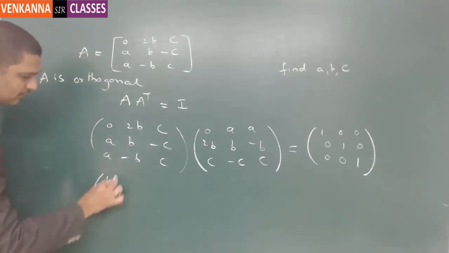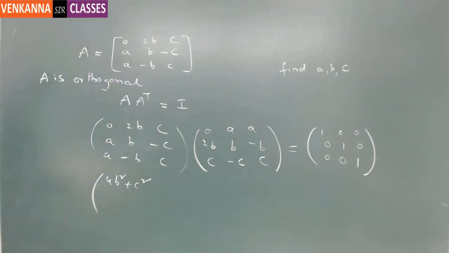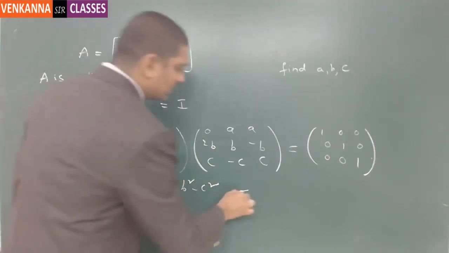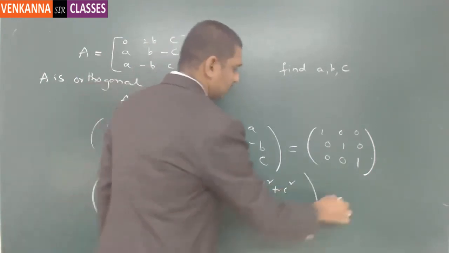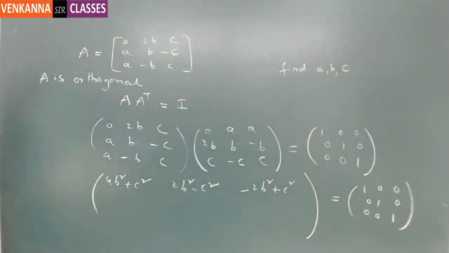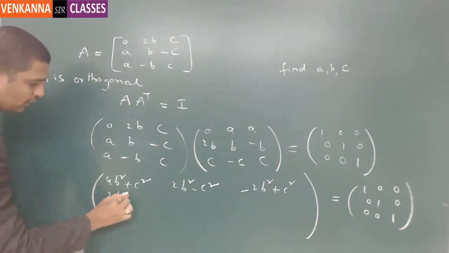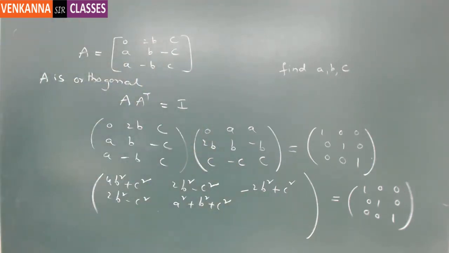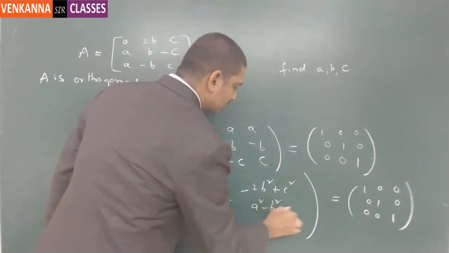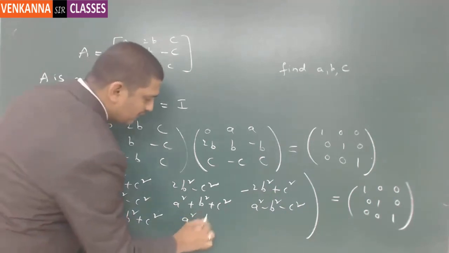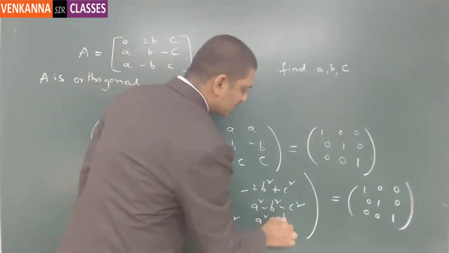So this will be 4b square plus c square, then 2b square minus c square, then minus 2b square plus c square, and for the second row, 2b square minus c square, a square plus b square plus c square, and then a square minus b square minus c square, and we have the other parts, minus 2b square plus c square, a square minus b square minus c square, and a square plus b square plus c square.